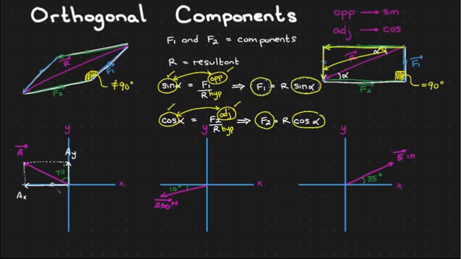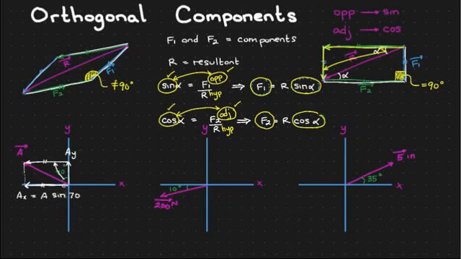AX is this component. Well, this component is equivalent to AX, and that component is opposite of 70. Opposite, I'm always going to think of sine when I look at the component that is opposite of the angle. So therefore this will be A times sine of 70.